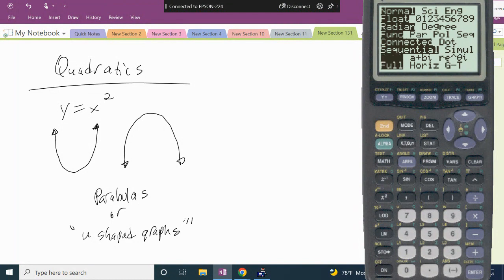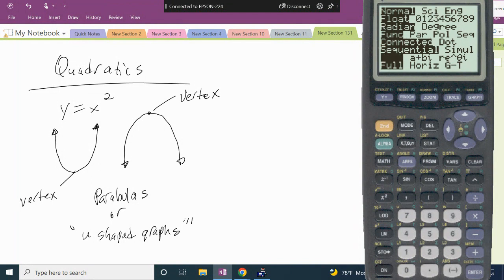All right, they actually bend. The point at which these graphs bend is called the vertex. In the majority of the problems in section 3.2, you're going to be asked to find the vertex, or the coordinates for the vertex.